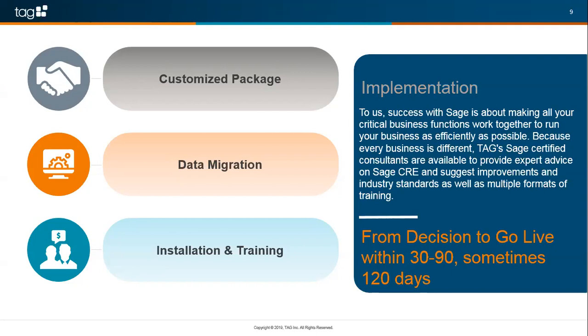Installation and training is a big piece of it. We can install for you, or we can work with your IT company if they have experience installing. We provide you with a lot of information and onboarding guides that we've created particular to TAG. We have many product guides and administration guides through Sage available that we share with you as well.